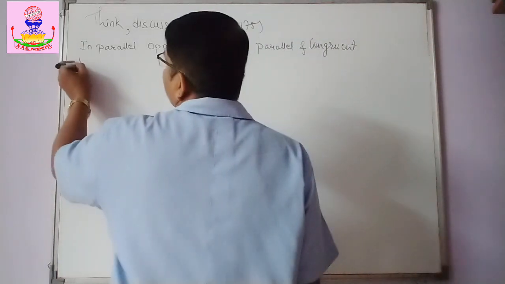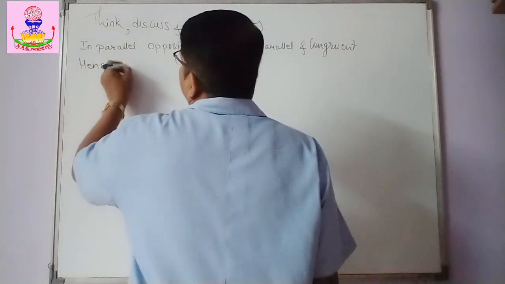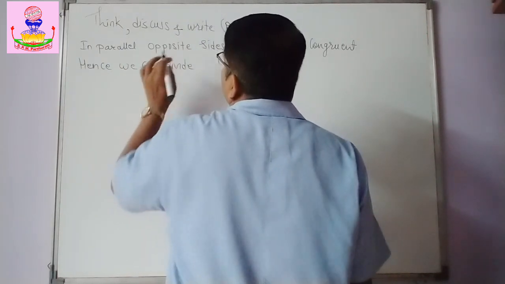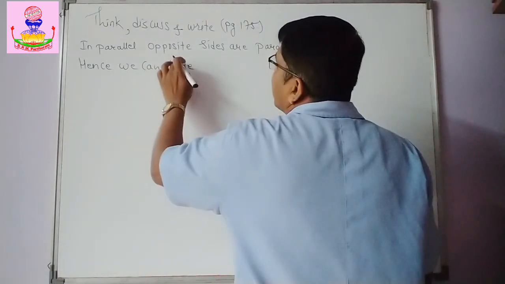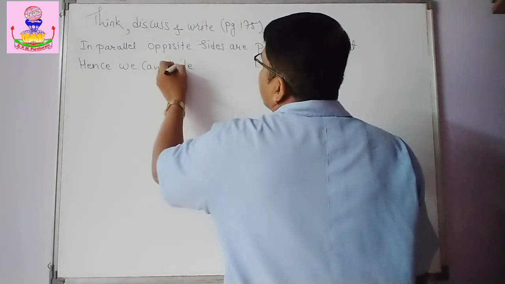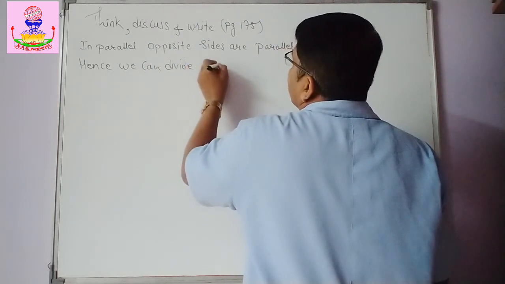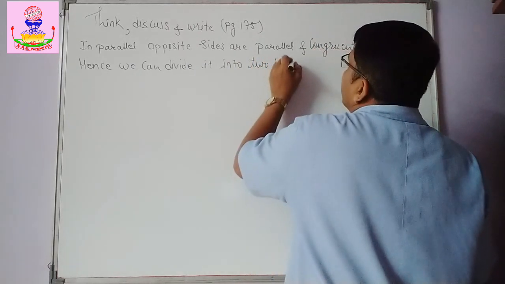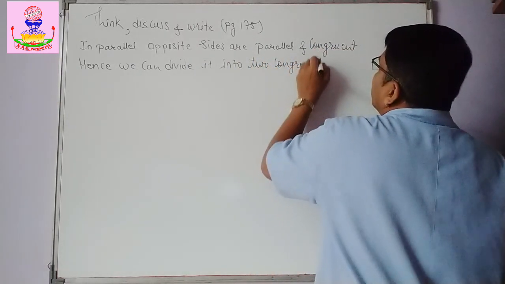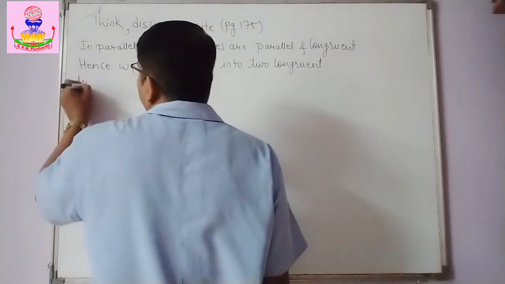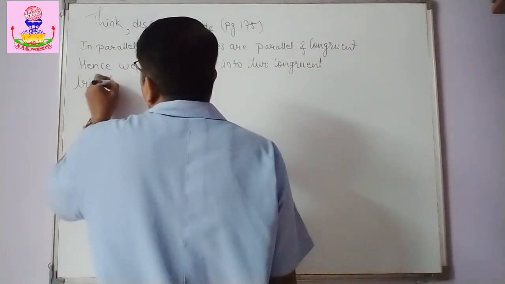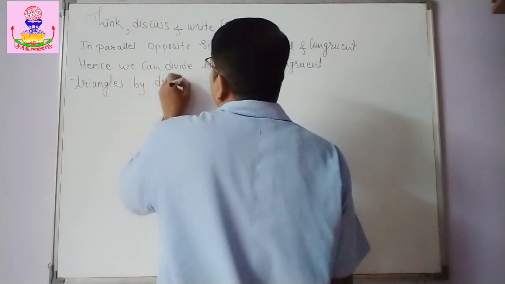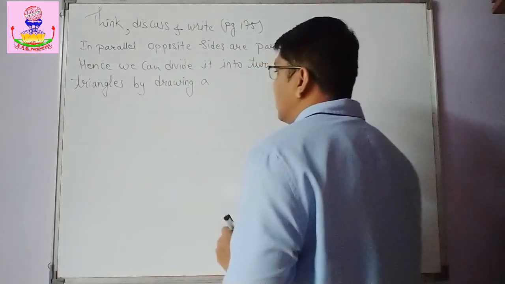Hence, we can divide it into two congruent triangles by drawing a diagonal.